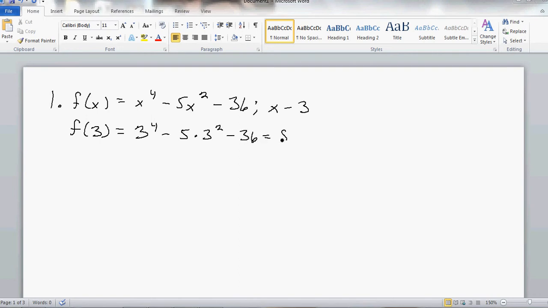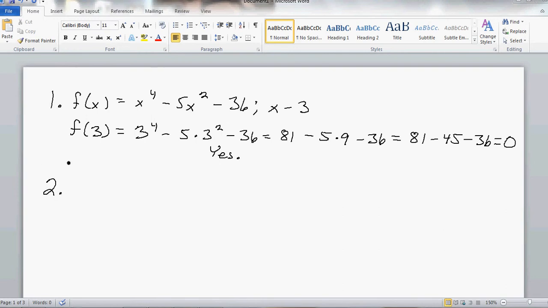Well, 3 to the fourth is 81 minus 5 times 9 minus 36. 81 minus 45 minus 36 equals, I believe that is 0. Since it does equal 0, then the answer is yes. X minus 3 is a factor of x to the fourth minus 5x squared minus 36. If it turns out to be any other number besides 0, the answer is no.